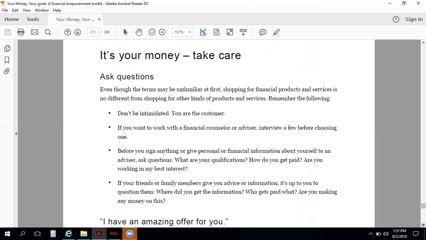And it talks a little bit about some of the strategies that a client should take if they feel like a company has engaged in an unfair business practice. Don't be intimidated. You are the customer.